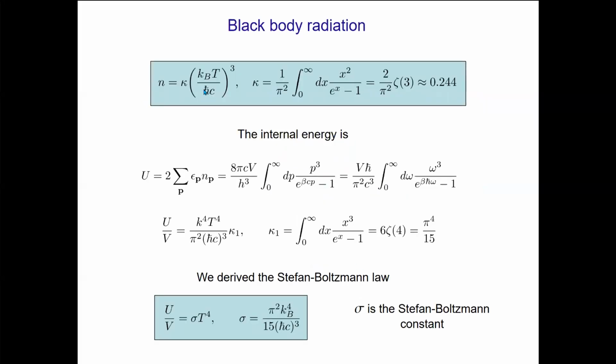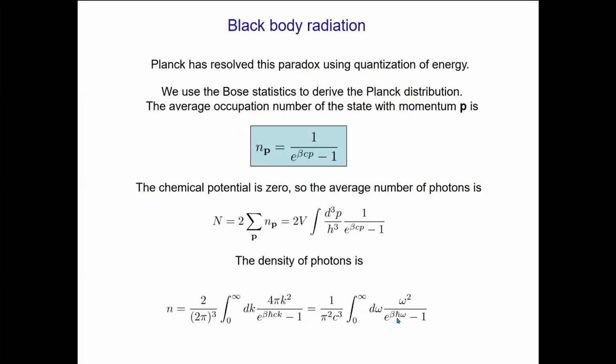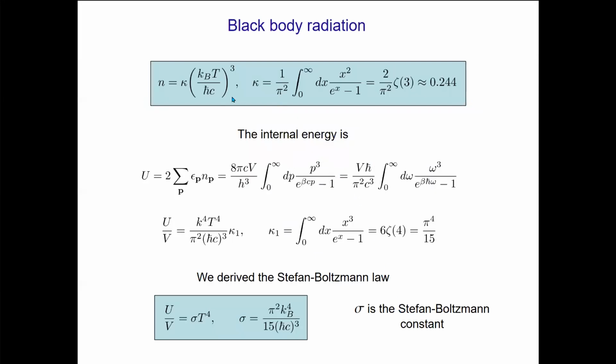We can also rewrite this density because there is a dependence on temperature. If I substitute beta equal to 1 over kT and denote the whole expression as a new variable x, then after this change of variables I can rewrite the expression for the density.